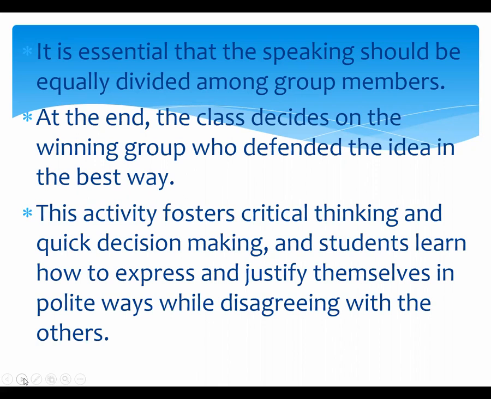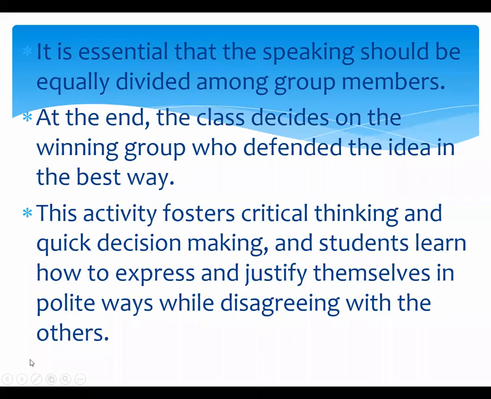This activity fosters critical thinking and quick decision making. Okay, so this is not only important in language learning, but it will also develop their critical thinking and decision making ability. And the students learn how to express and justify themselves in the polite way while disagreeing with the others.